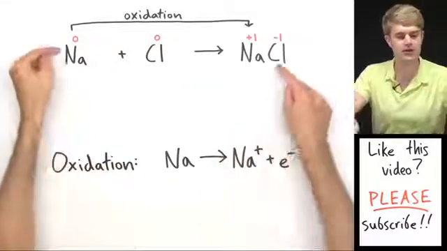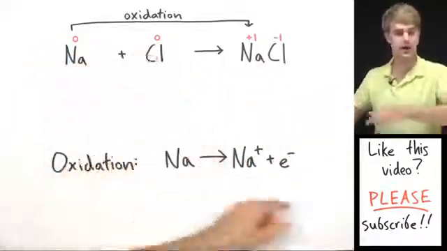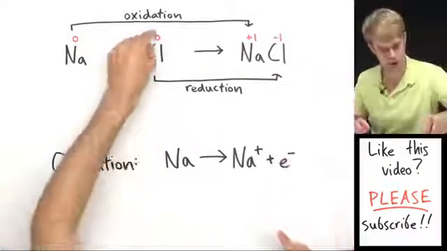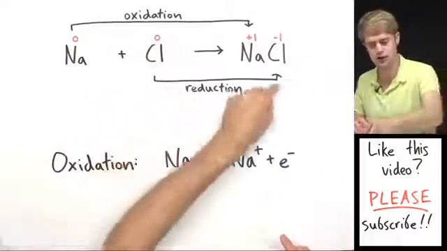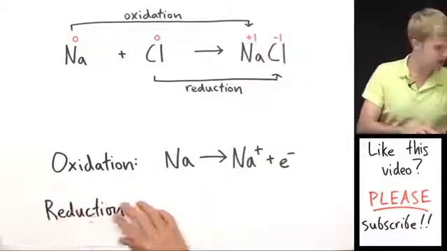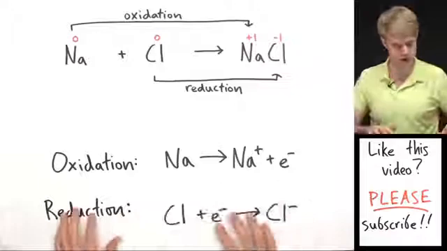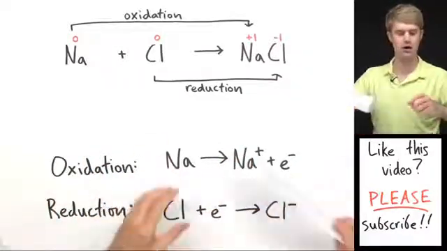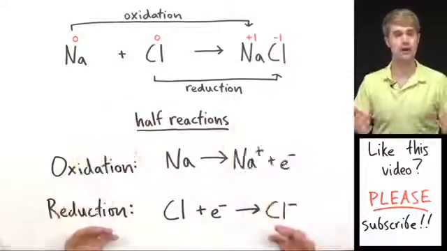The other process that's going on in this reaction is the reduction of chlorine. Chlorine starts neutral at 0, it gains an electron, and it ends up as Cl 1-, and here is the equation for the reduction of chlorine. Now, these two equations down here are called half reactions.